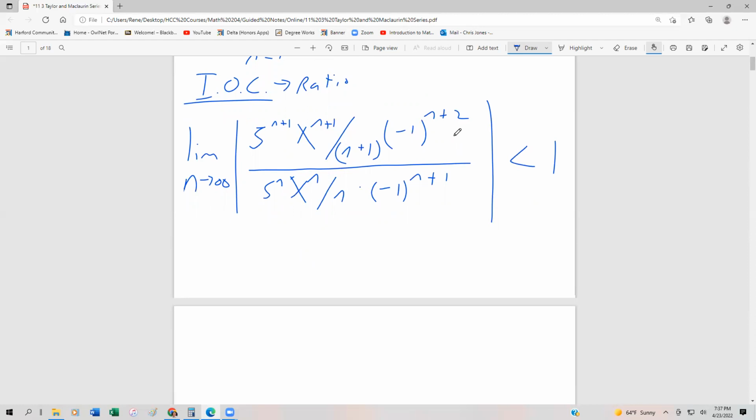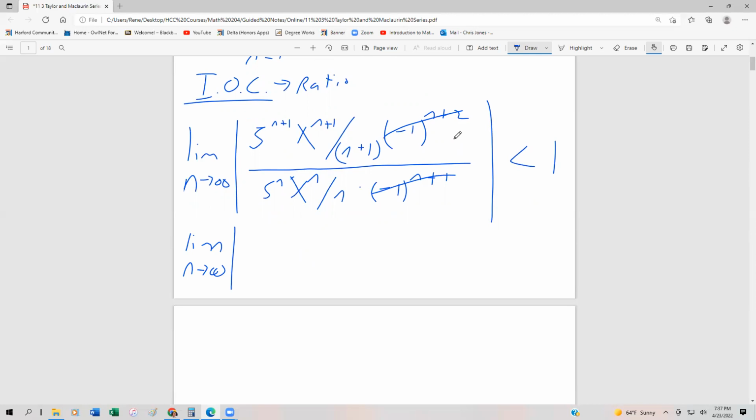So we're going to take the limit as n approaches infinity. And remember that the -1 factors are negligible for us, because when we take the absolute value, they just cancel out. Anything that has a -1 to an n power, the absolute values are going to cancel those out.